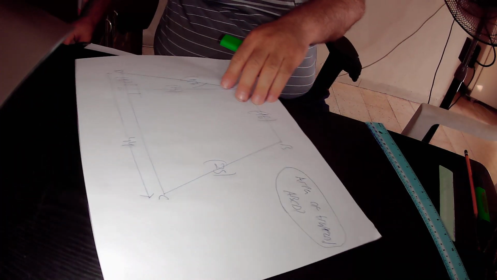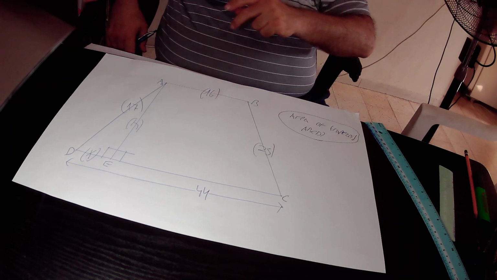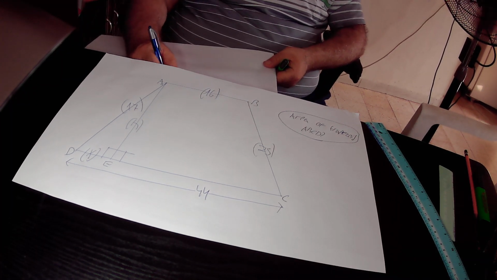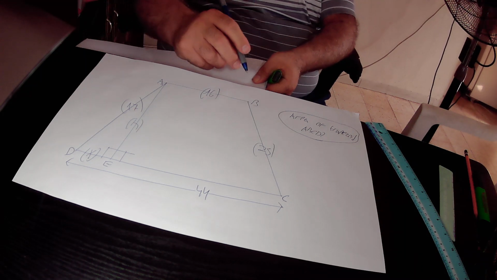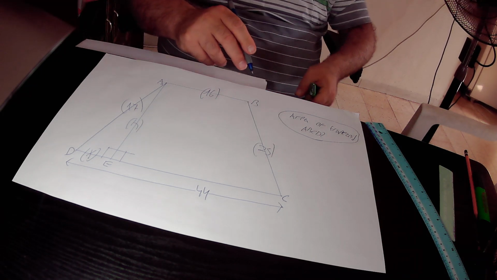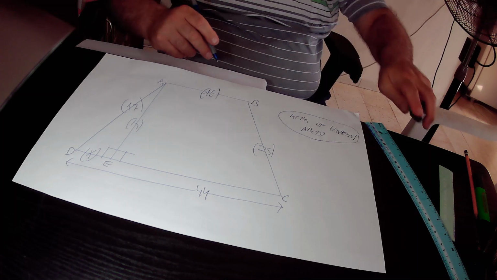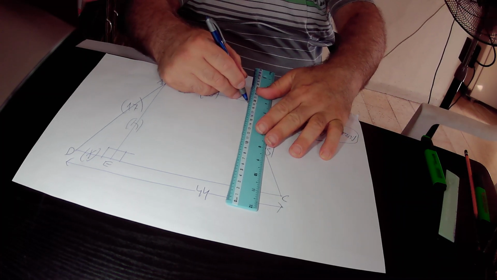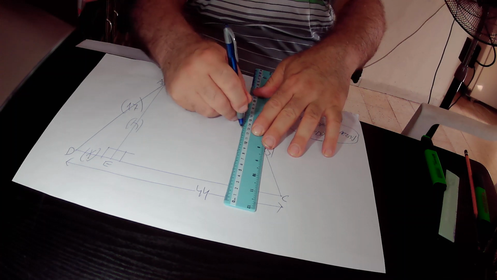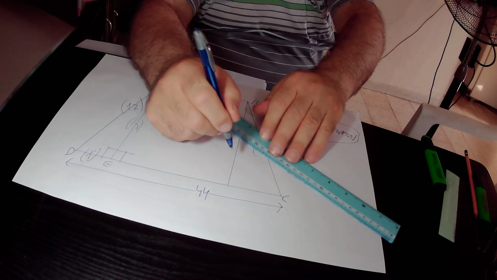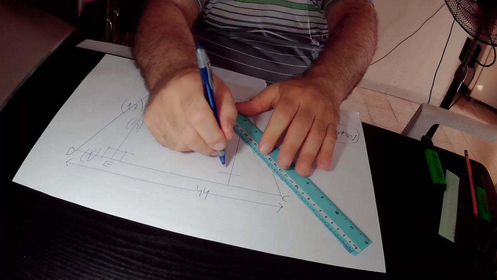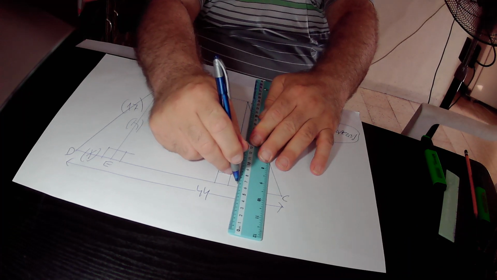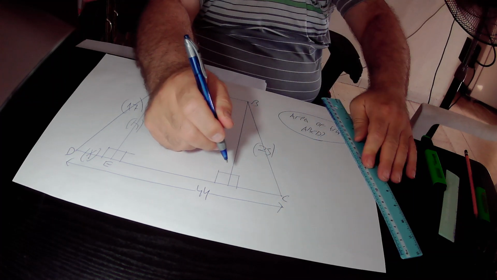In the next step, we will do another construction. That is to say, from this point B, we will draw a perpendicular on DC. So actually, this angle equals 90 degrees, and this angle also equals 90 degrees according to our construction.